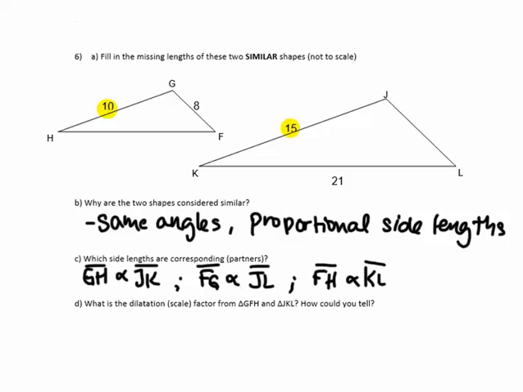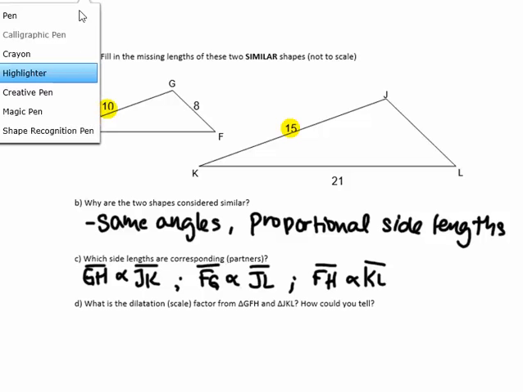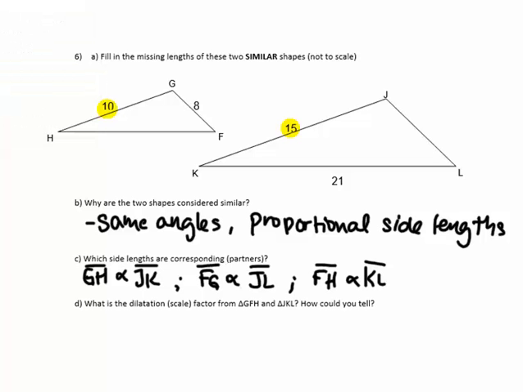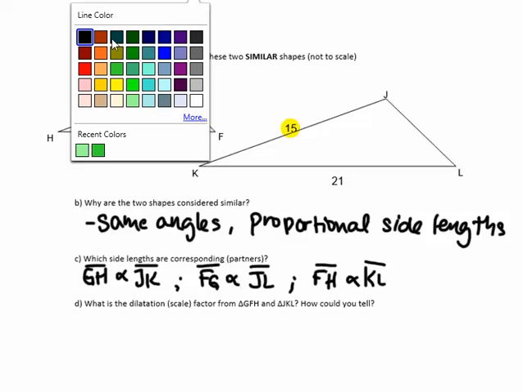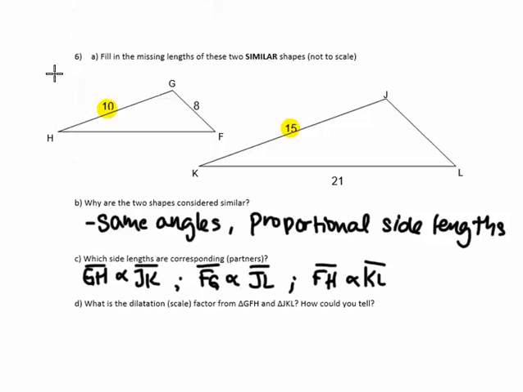So what I can do is I can find the scale factor for both of these. So to go from 10 to 15, let's just erase this little arrow over here. So to get from 10 to 15, I needed a scale factor of multiply by 1.5.